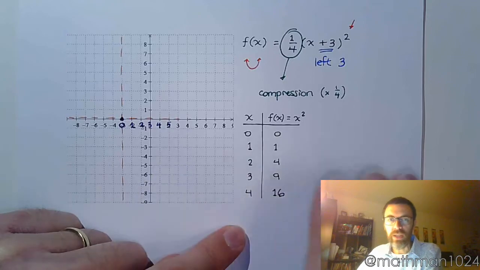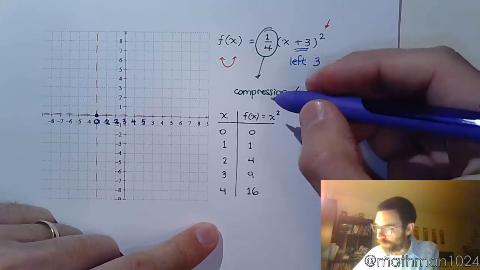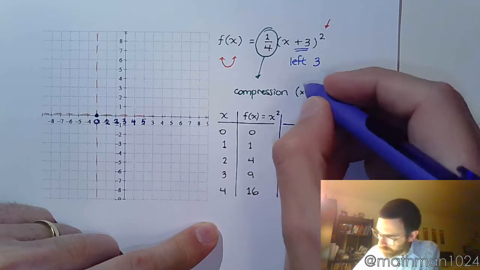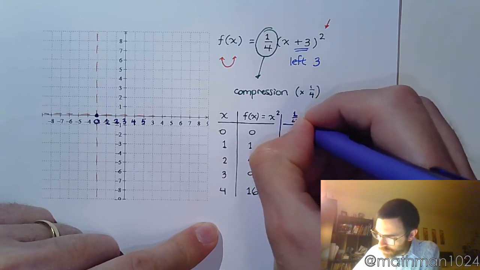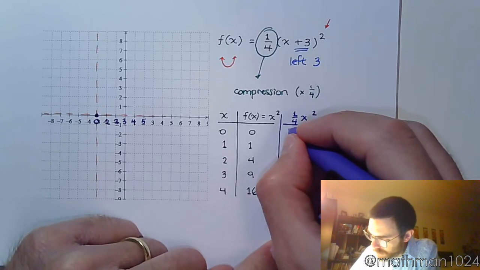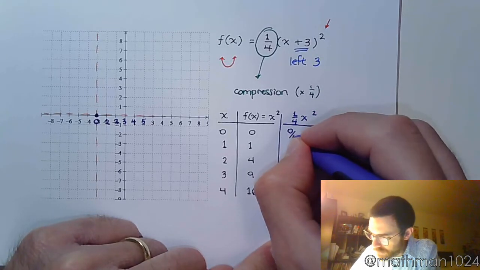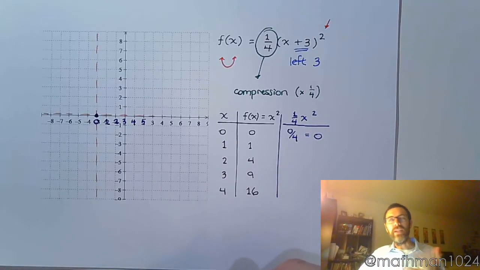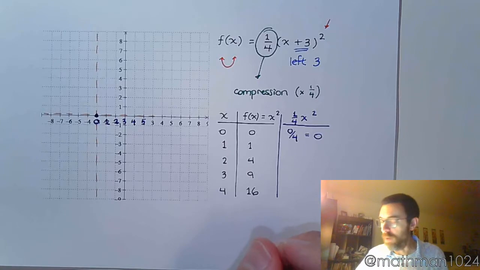But now we want to look at what happens when I apply that 1/4. So if I do 1/4 x squared, what happens to all these guys? Well, this becomes 0 divided by 4, which is just going to give us 0, right? So that 1/4 is going to divide all of those output values by 4.